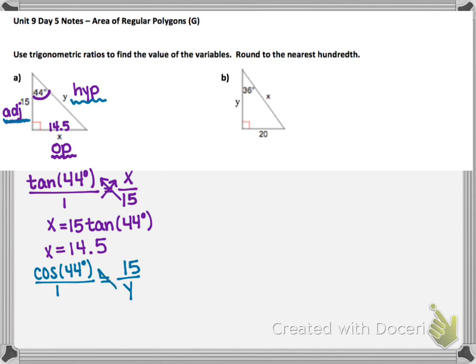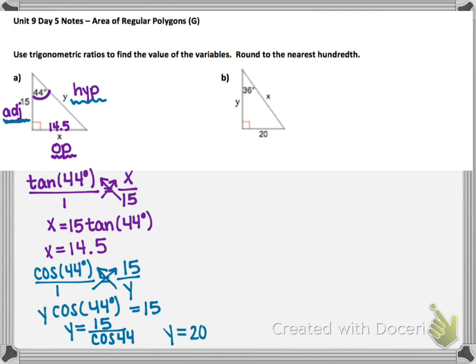Then we'll cross multiply: y times the cosine of 44 equals, and then 1 times 15 is 15. So y and the cosine of 44 are being multiplied. So to undo that, I'm going to divide by the cosine of 44 on both sides. So I'll take 15 divided by the cosine of 44. And once we pop that in our calculator, we'll end up with 20.9.